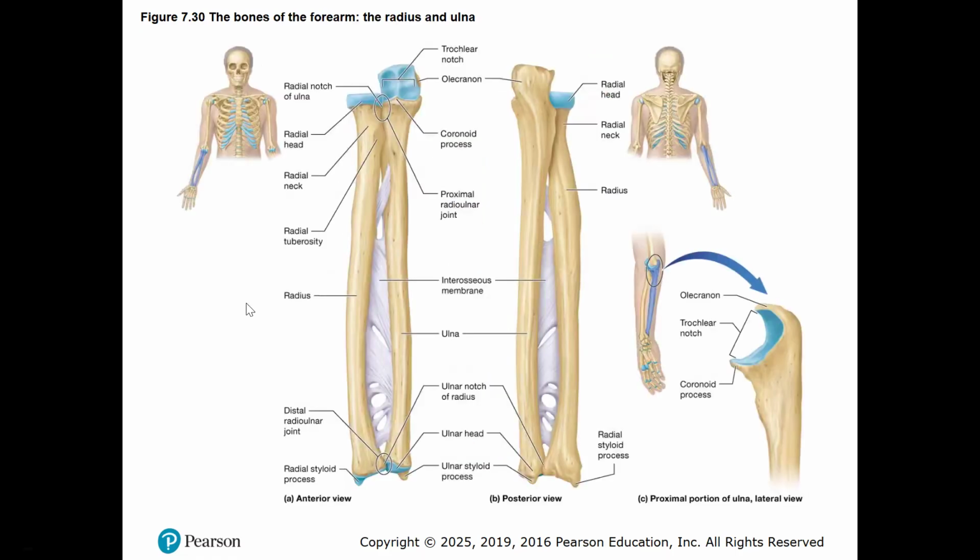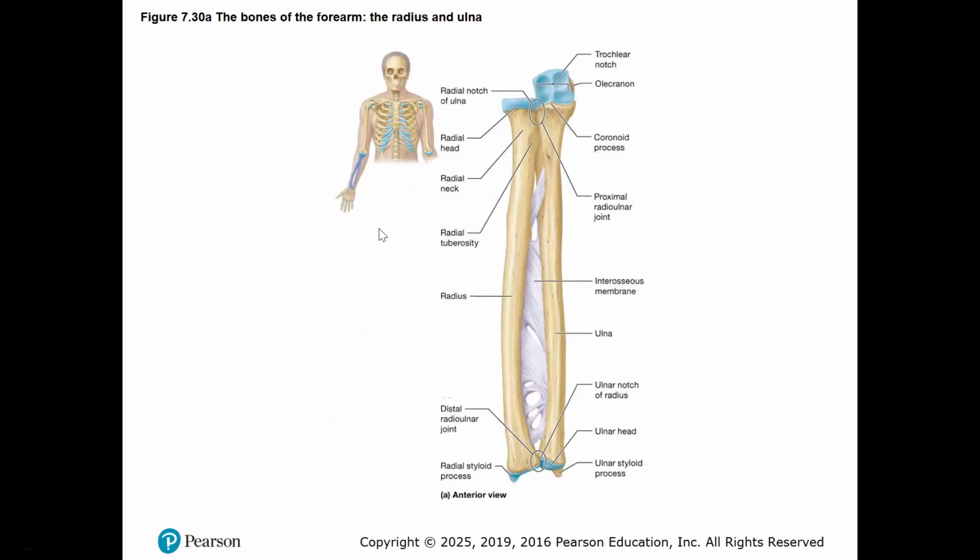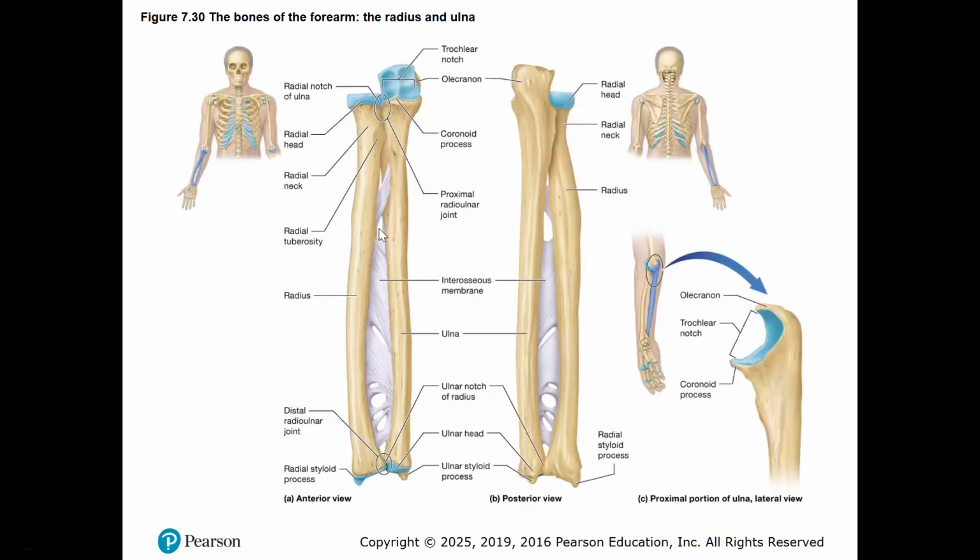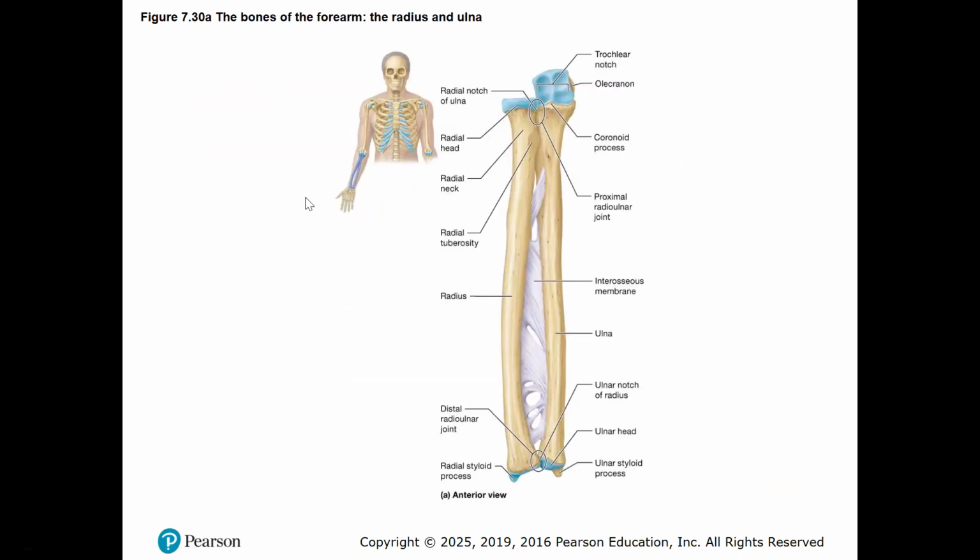When we look at the bones of the forearm, the lower arm, they consist of two bones. Let's look at the anterior view first. Here you see that trochlear notch of the olecranon we spoke about earlier. That allows for that hinge motion. The radial notch allows for supination and pronation of the palms, so palms up, palms down.